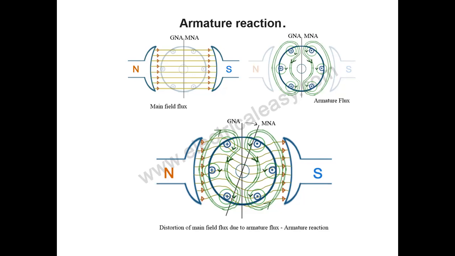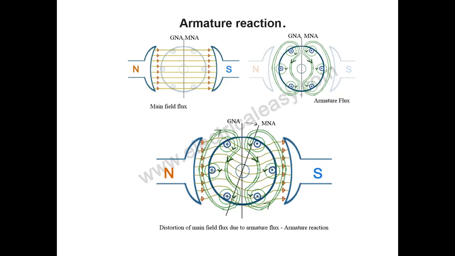When there is a load, the GNA and MNA do not coincide because of the load. Because of the load, the magnetic flux will be distorted by the production of armature flux. So GNA and MNA are displaced by an angle theta, as you can see in the below diagram. That angle is also important.